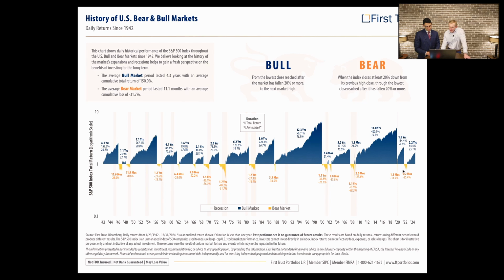So if we look back through some recent years, at least from the great financial crisis here, we had a bull market in the 2010s to really 2020 COVID. That was an 11-year bull market. It's one of the longest, second longest on this chart, with a 400% return.